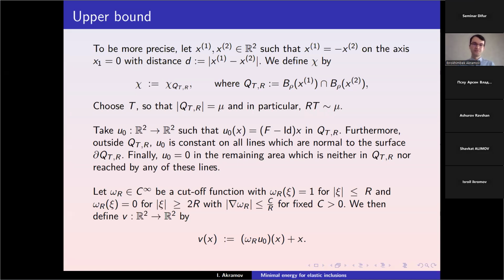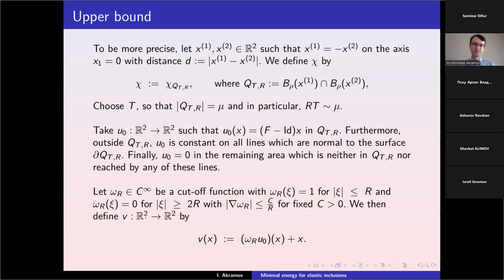Then this function is of course not regular enough for us to be v, and therefore we need to identify omega_r, which is a smooth cutoff function with omega_r equal to 1 in the ball with radius r, and equal to 0 outside of the 2r ball, with gradient of omega_r smaller than c over r for fixed c.